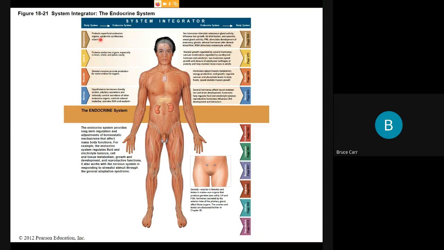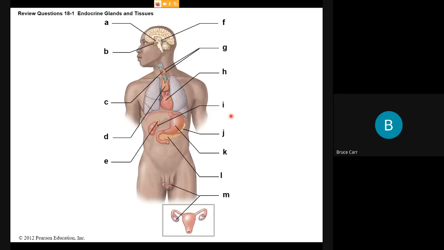So we covered integumentary, skeletal, muscle, nervous, and endocrine. But this takes a different view, trying to show how each of these systems relates to these other systems in maintaining the overall health and the homeostasis of the body. So I refer you to that in the end of the chapter in your text.